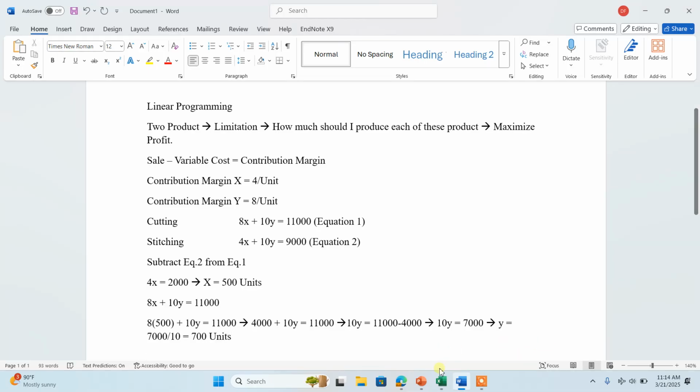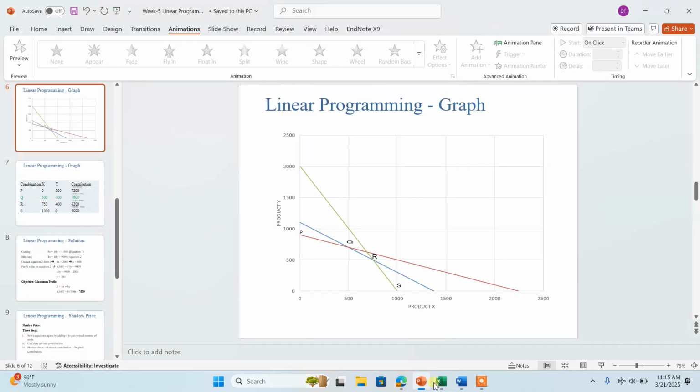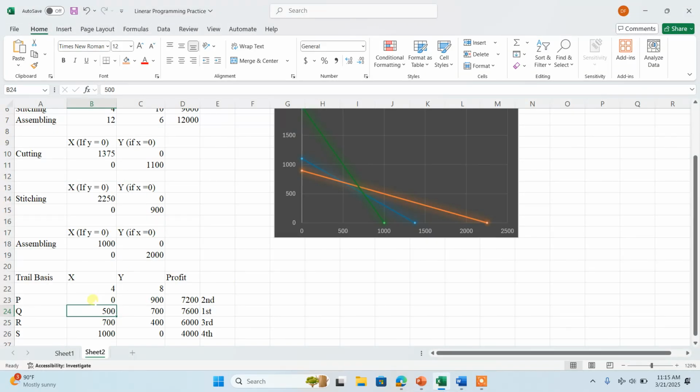So the best combination is that x is equal to 500 and y is equal to 700. You can find it through the equations also. Similarly, through the graph we also get the same answer, 500 and 700. This is actually the combination Q, the best combination. You can even check this one also.